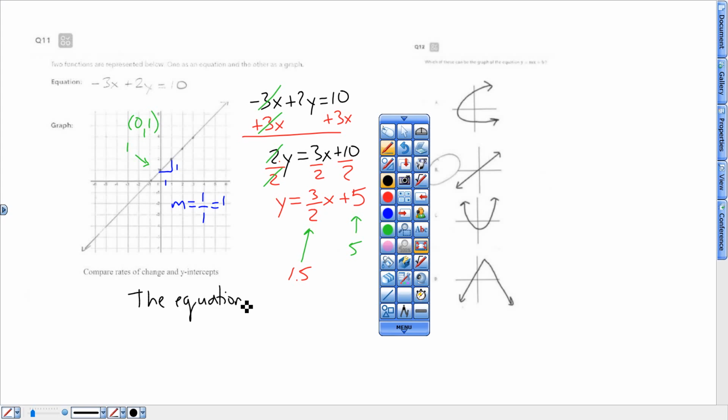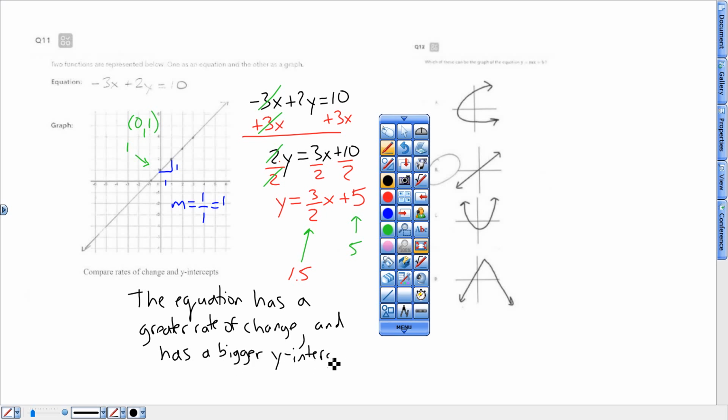So for this situation, the equation has a greater rate of change. 1.5 is greater than 1 and has a bigger y-intercept. Well, of course, you'd say a greater y-intercept, but we'll say bigger y-intercept. Greater, talk about greater rate of change, bigger y-intercept. All right, move on. Here we go.